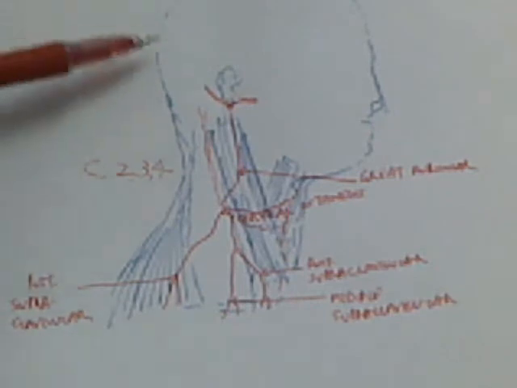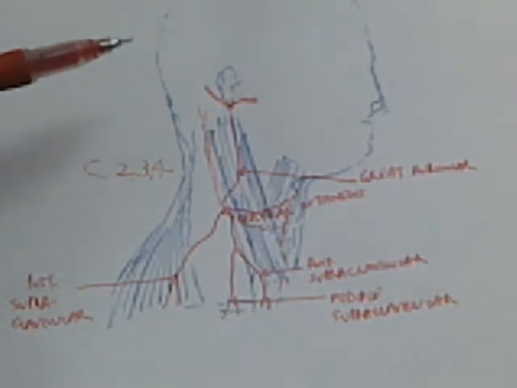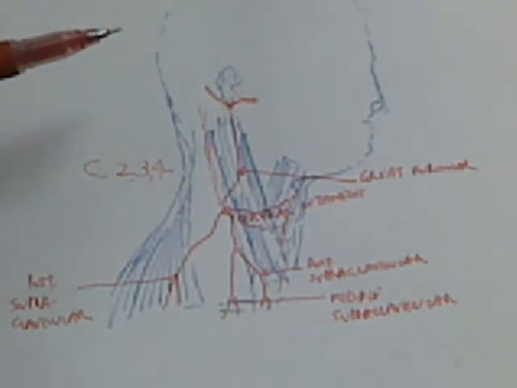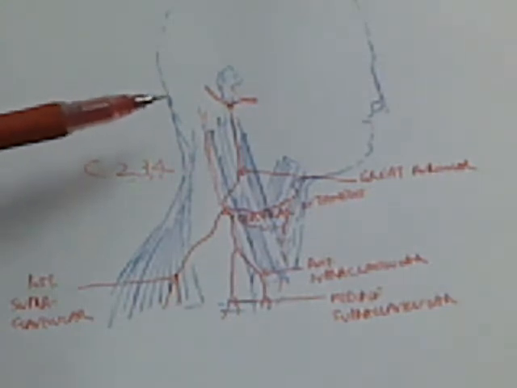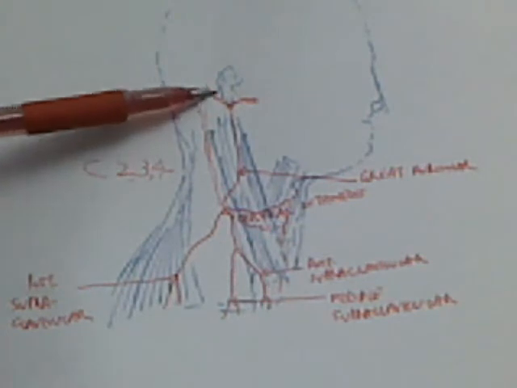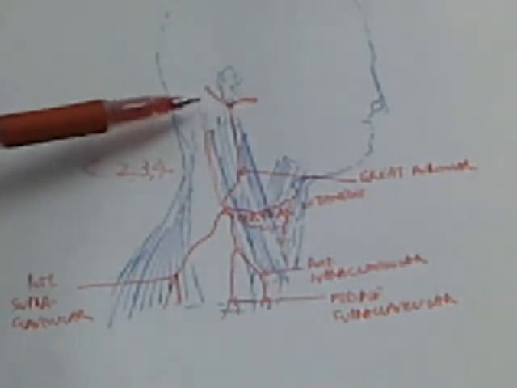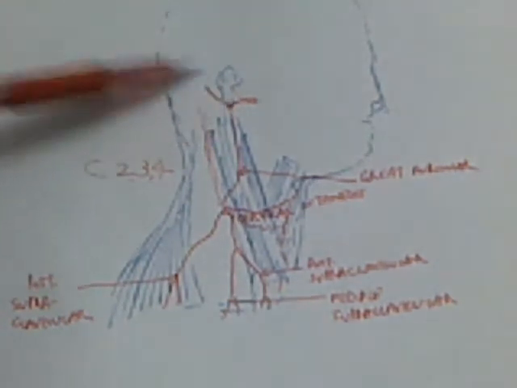Except at its upper part, a filament pierces the auricle to reach its lateral surface, where it is distributed to the lobule and the lower part of the concha.